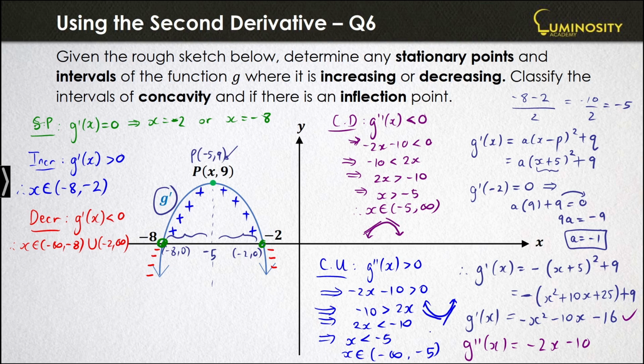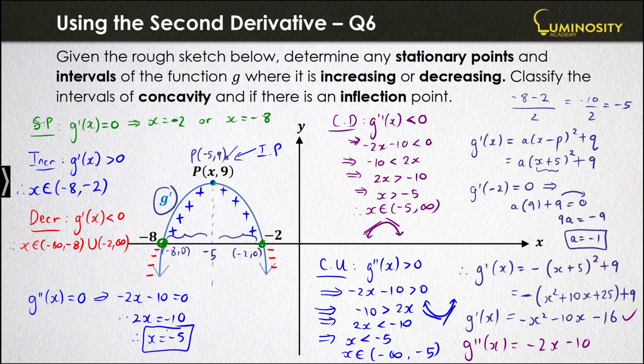So let's go to our graph here. Can you see that the turning point of the first derivative is actually your inflection point? Because if I solve g double prime equals 0, that implies -2x minus 10 equals 0, which is 2x equals -10. Therefore, x is -5.